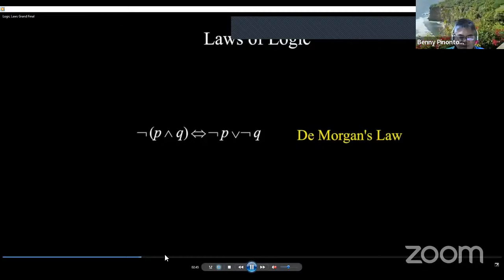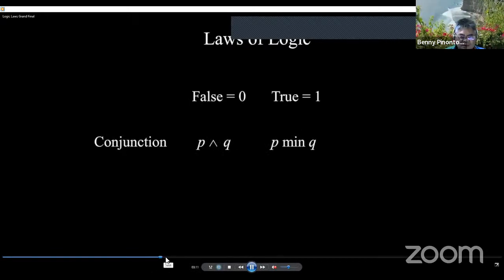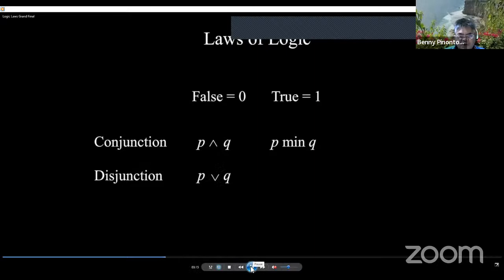Later we are just going to use these laws to prove things. We don't have to do that with the truth table, but we use this law to prove other variations.